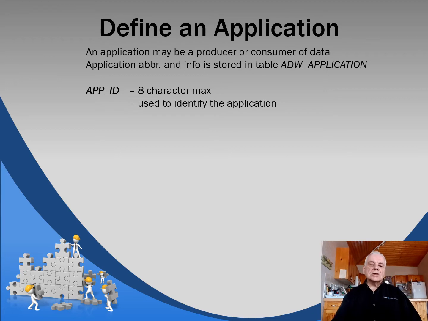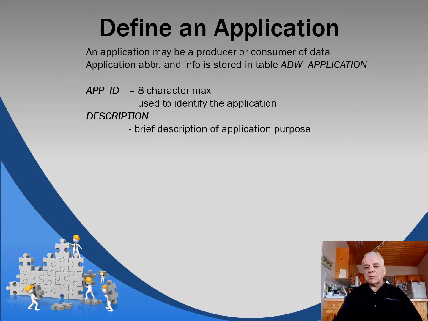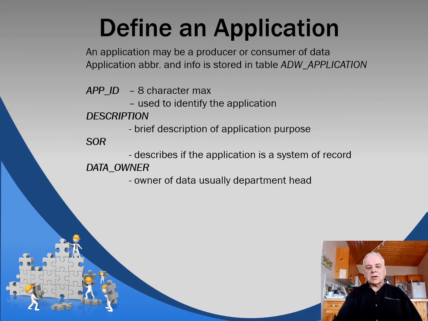The first thing is a unique index for an 8-character application ID, and it's used to identify the application. Again, standardly, here's a description of what it is. Now, the field called SOR is used for system of record. Is this a system of record? If so, what is it a system of record for? So you're talking about what this application is.